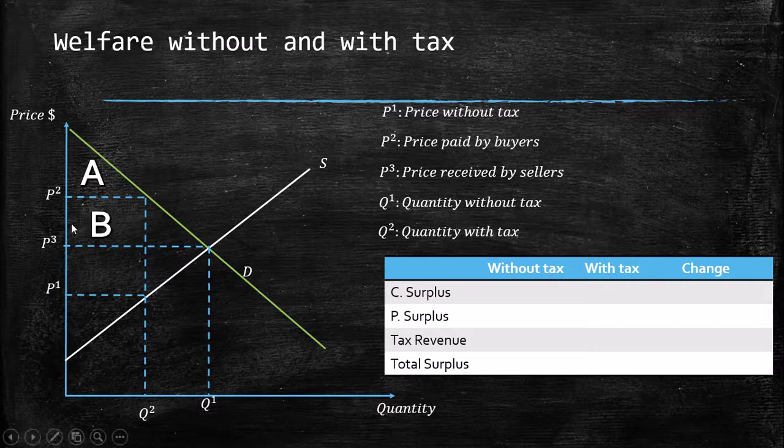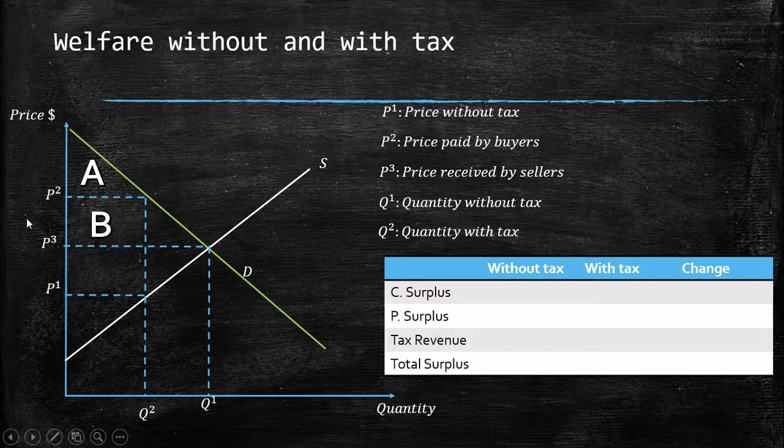Here we have B, which is the base of this rectangle, Q2, the quantity with tax, and the height is measured by P2 minus P3. P2, remember, is the price paid by buyers after the tax, and P3 is the equilibrium price.